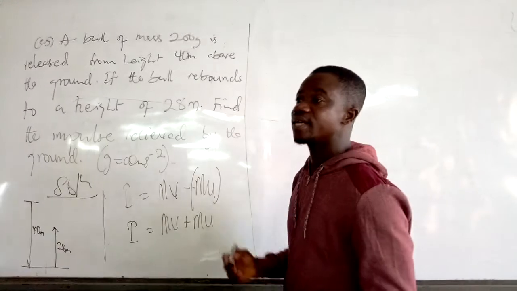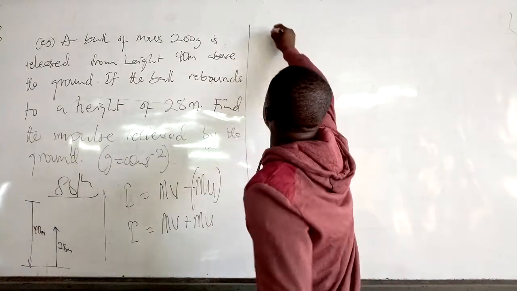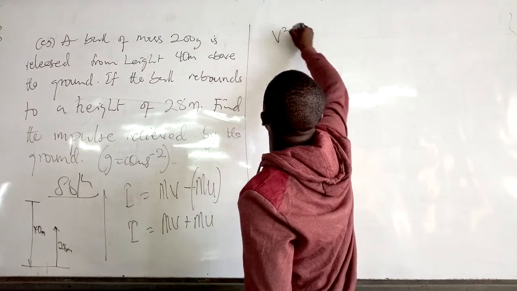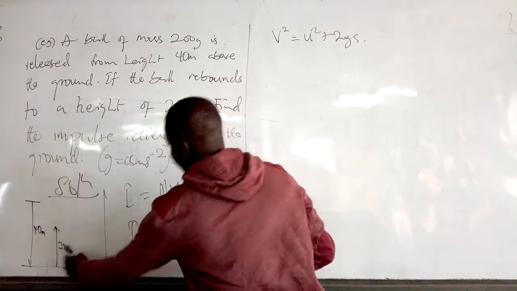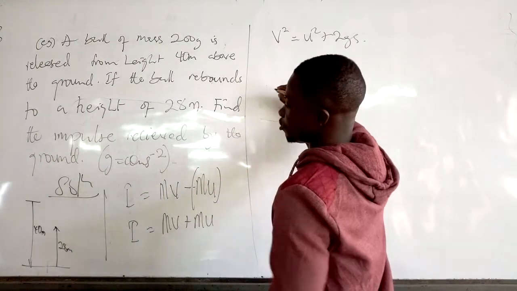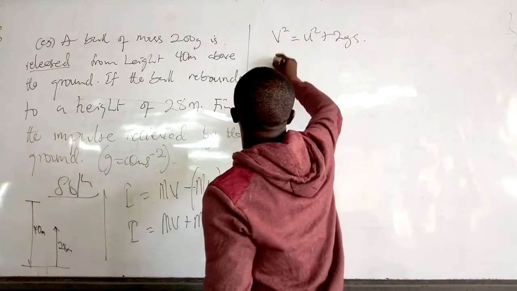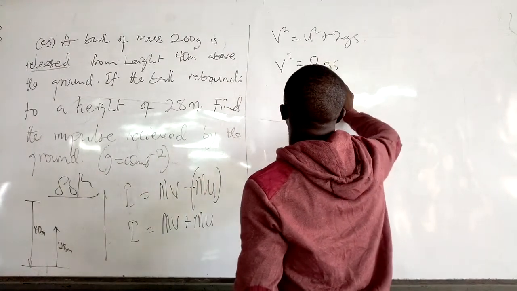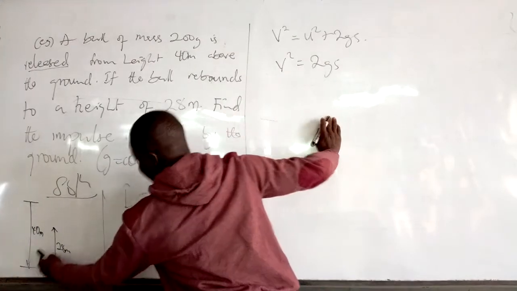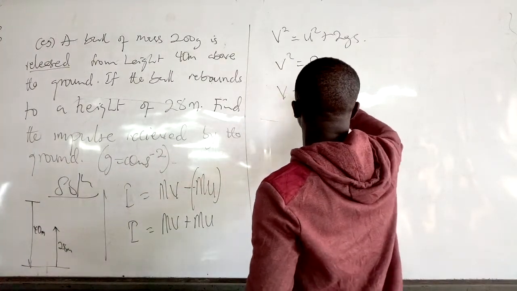We are using one of Newton's equations of motion, which states that v squared is equal to u squared plus 2js. So remember, the object is falling. Because the object is released, the initial velocity u is 0. So v squared is equal to 2js, where s is the height. Therefore, v is equal to square root of 2js.